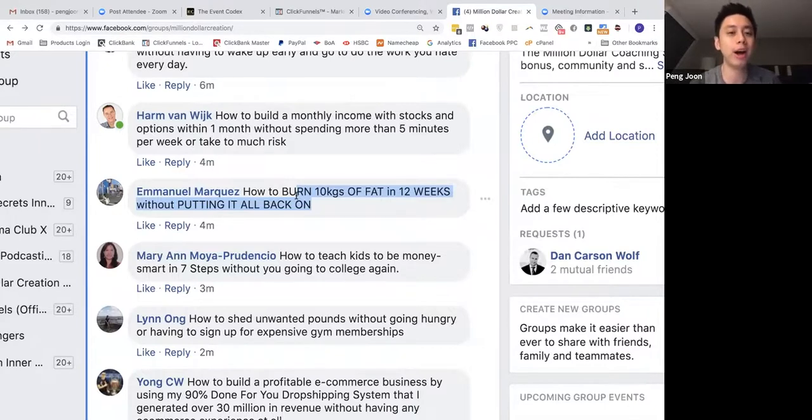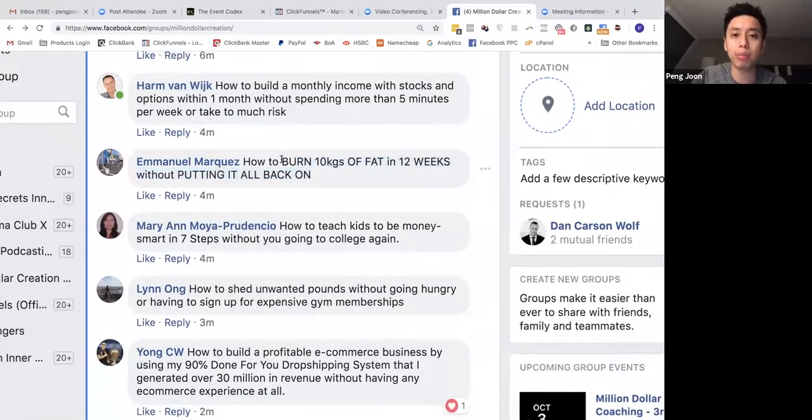Facebook doesn't just look at what your ads say; it also scans what your landing page is. So what Facebook doesn't like is a guarantee of results, especially in the weight loss industry. So rather than coming up with a promise of specifics like burn 10 kgs of fat in 12 weeks, it needs to be something different.